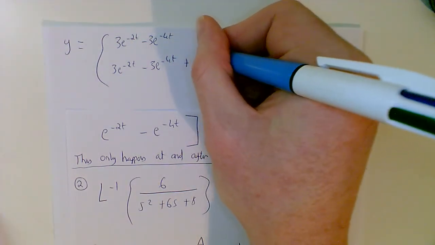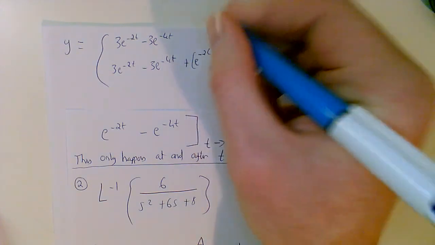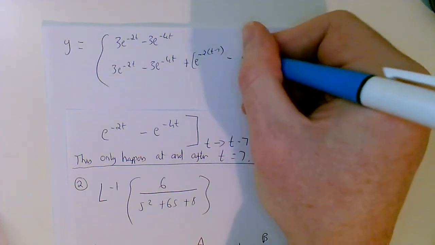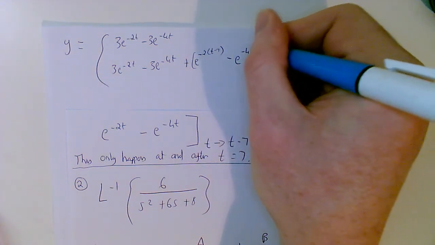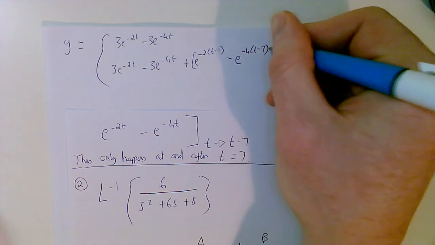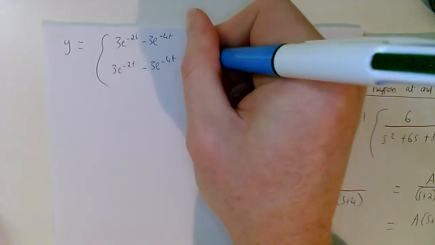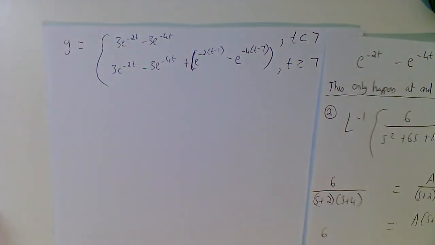E to the negative 2 times (t take away 7), take away e to the negative 4 times (t take away 7). I've put that in a bracket because it's two parts of that function, so you're just adding it in.